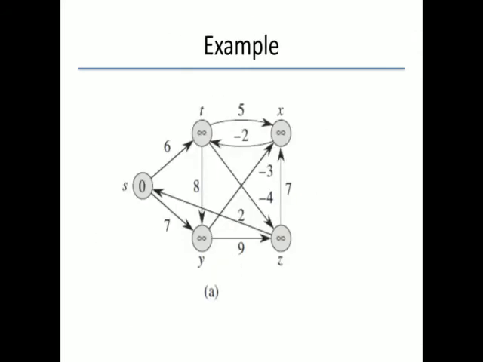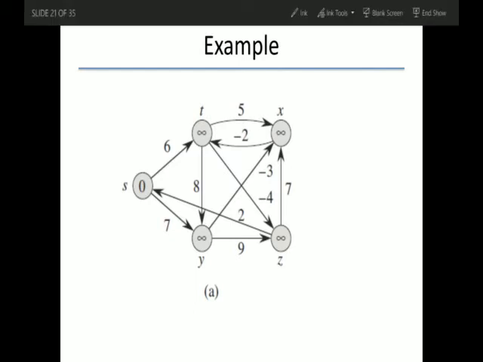Suppose this is our graph that contains negative edges also. We have 5 vertices S, T, X, Y, Z, and each edge has some weight. Our source vertex is S. Now all the algorithms initialize the graph once.